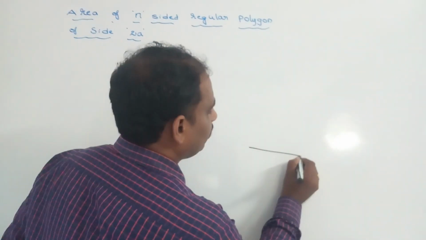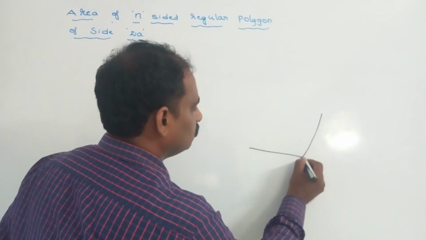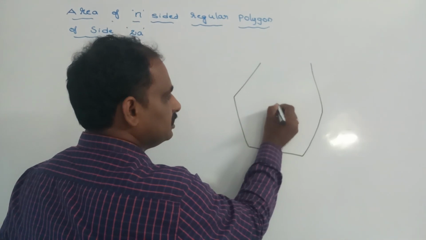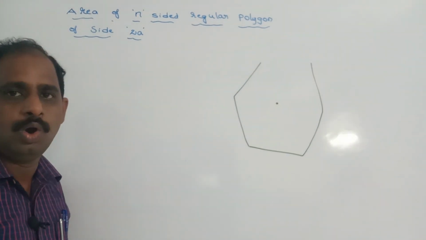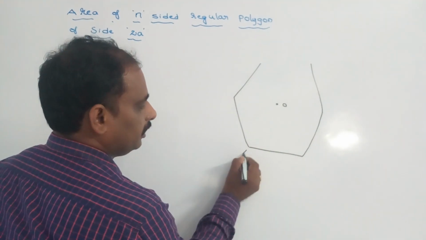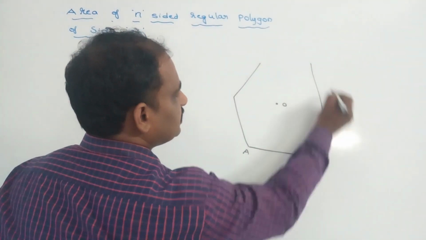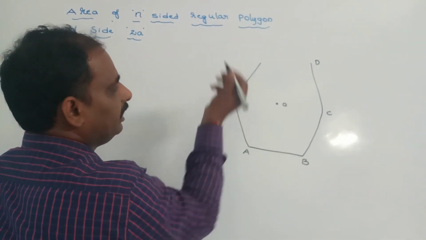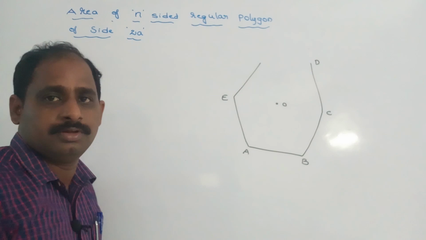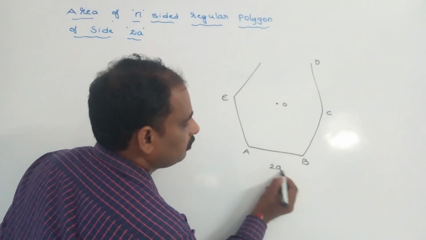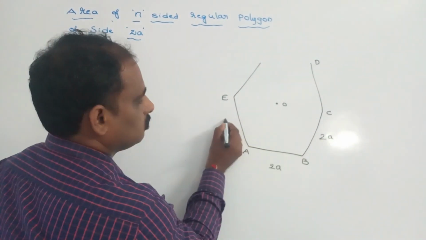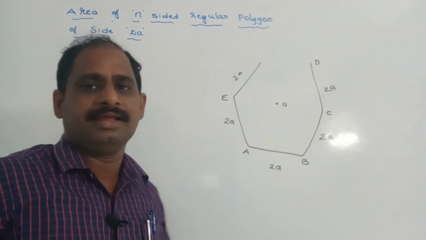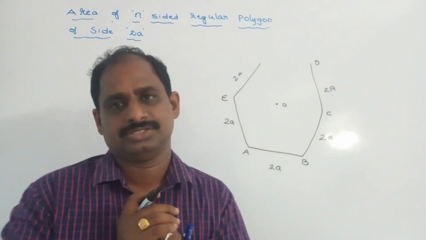Take a regular polygon of n sides whose center is O. Let me take the vertices A, B, C, D, E. Each side is given as 2a. Here, let us take n sides.